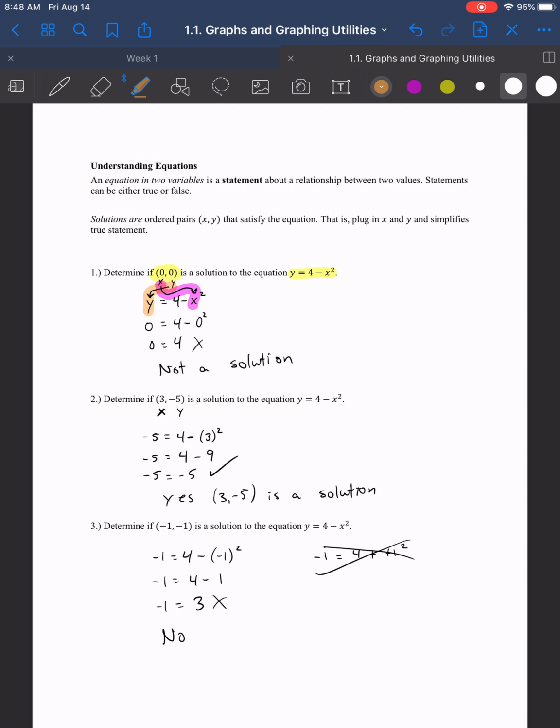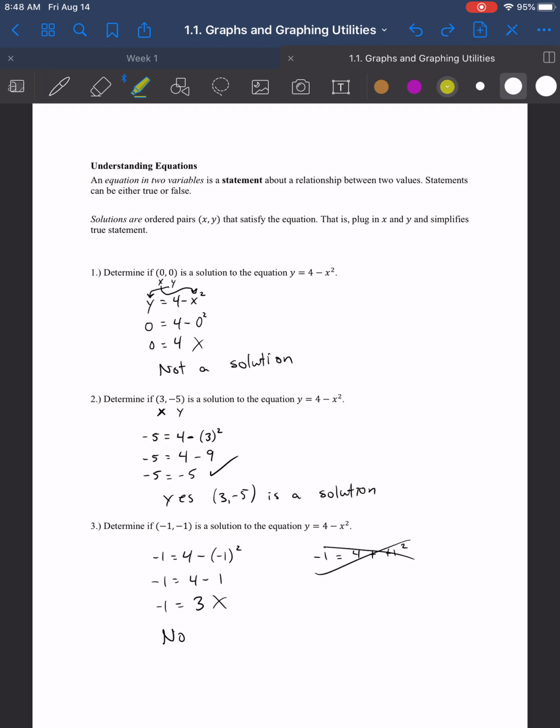So I did that there. You can see I plugged in 0 there and 0 there. They were both zeros. And you end up with 0 equals 4 when you do that. And that means they are not equal because 0 does not equal 4. So this is not a solution.